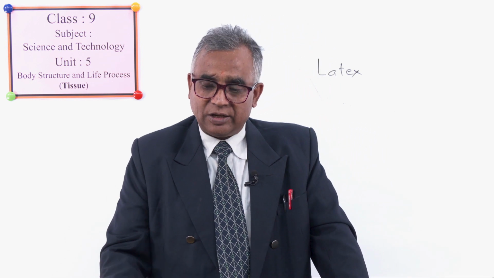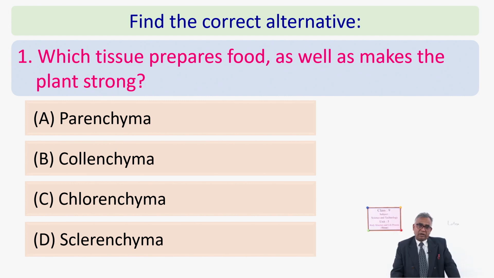So try to answer these questions. Here one multiple choice question is given. Which tissue prepares food as well as makes the plant strong? That means it does both functions. Find out, is it parenchyma, collenchyma, chlorenchyma, or sclerenchyma?